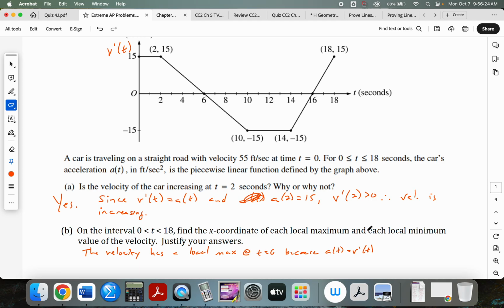Hey, look, I know this. It changes from positive to negative at t equals 6.